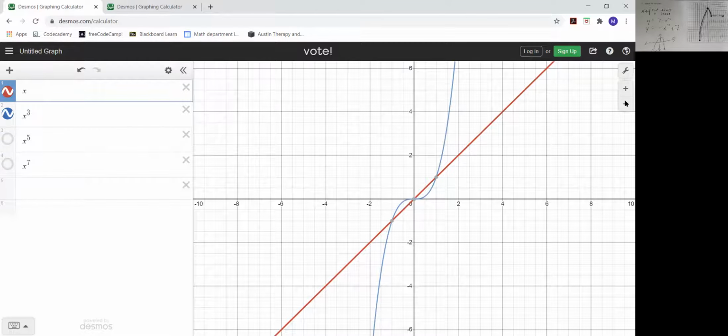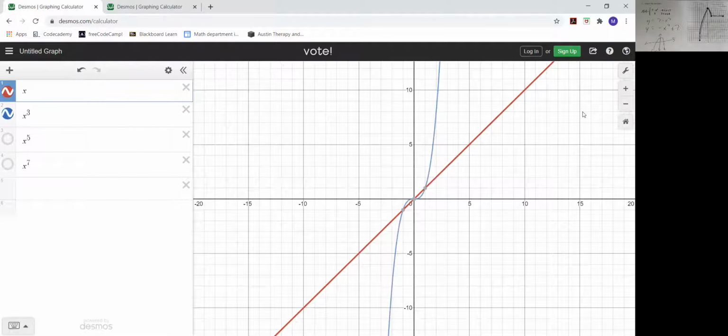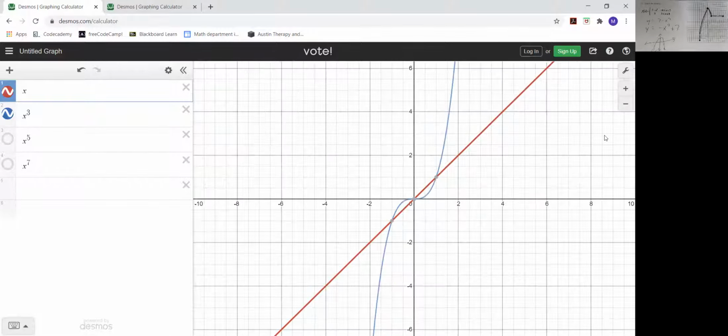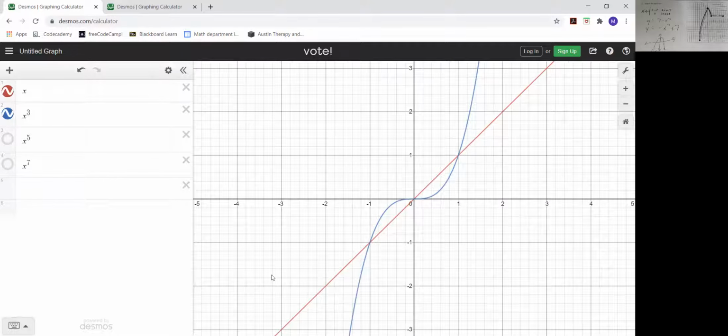So on the ends, it's doing the same thing. They look like they're going way off. The x to the third is obviously increasing way more or decreasing way more, but it's doing the same sort of thing. It is at a different rate, but it's going in the same direction.